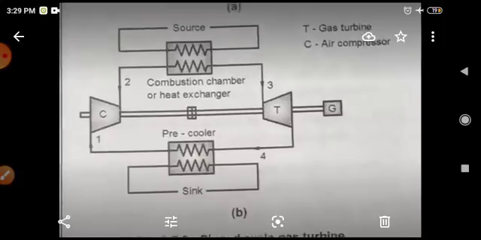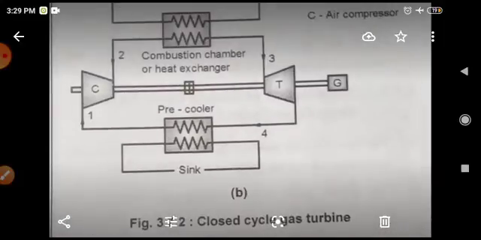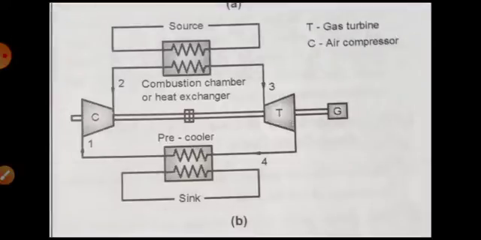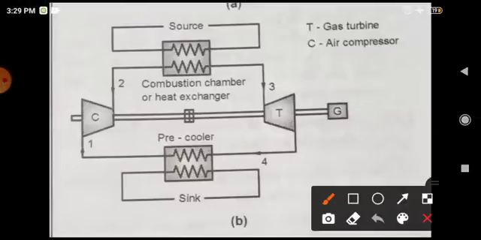Here is the simplified line diagram we can see of the closed cycle gas turbine. See that properly, you can see this cycle. The medium does not cross the boundary, it just flows into the system.